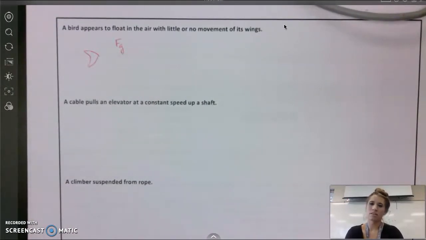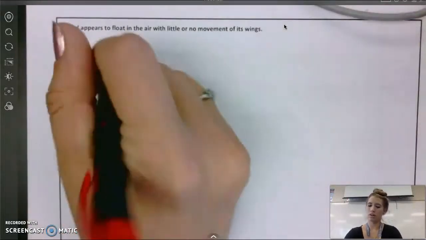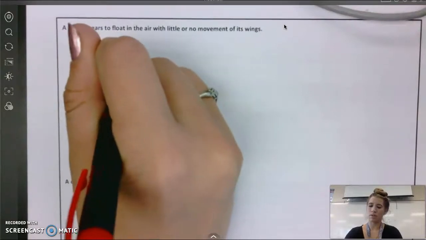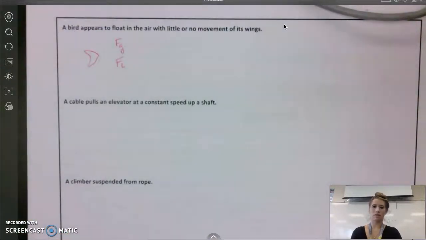And there is. It's a buoyancy force, or they call it Bernoulli's principle, where it provides lift because air moves over the wing and under the wing at different speeds. So we're just going to call it force of lift for this one.